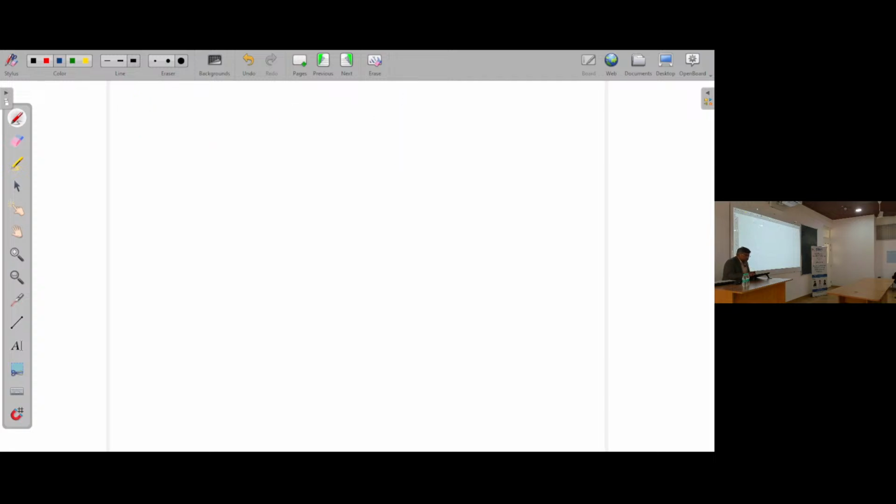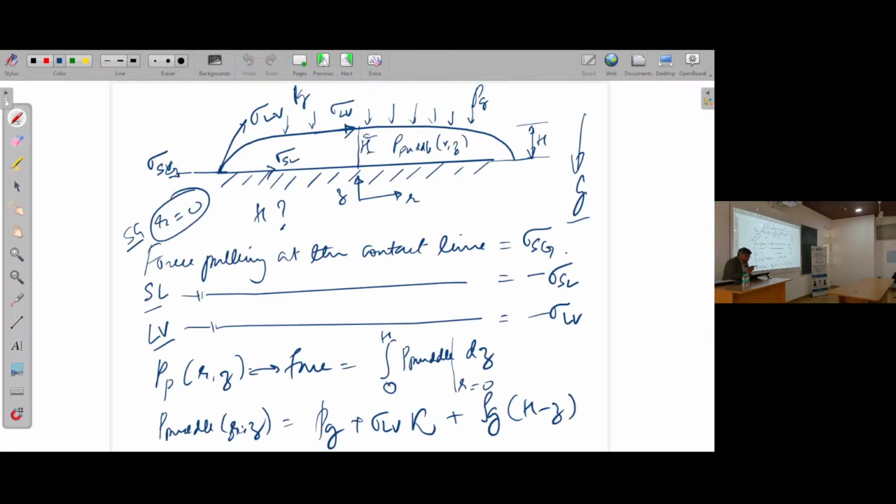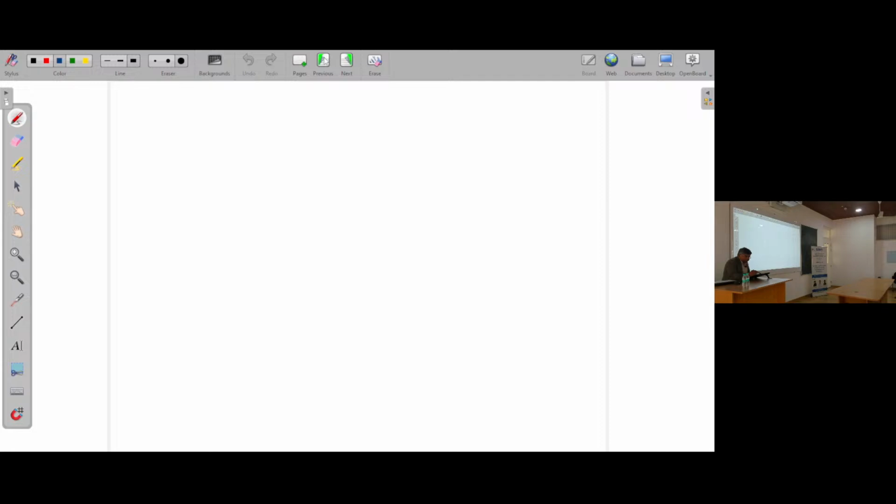What happened? It got erased, I think. Okay, fine, doesn't matter. Force by the puddle is going to be equal to the integral from 0 to h.